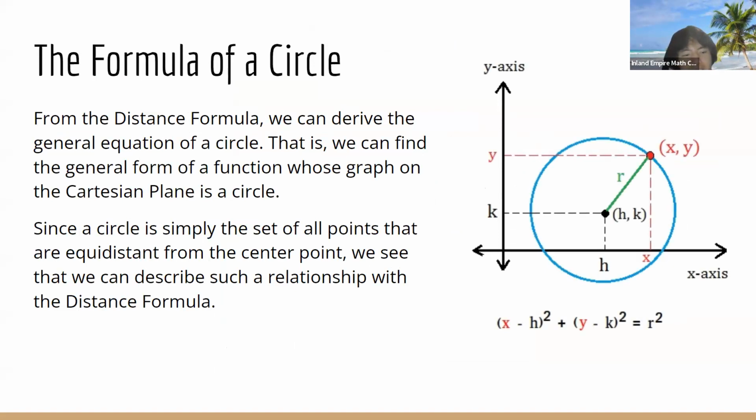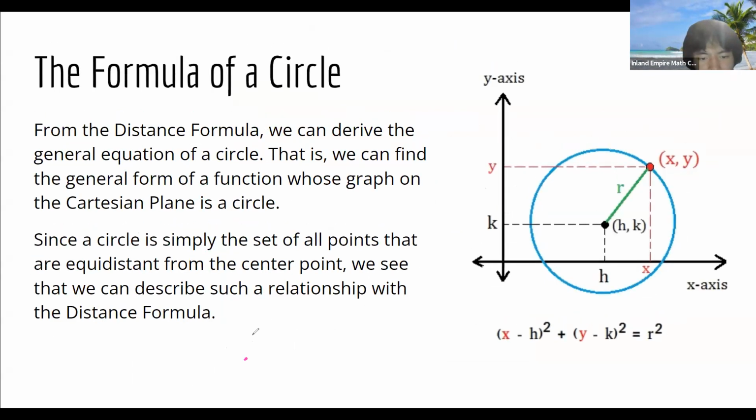And we can actually do exactly that, because you know that a circle is simply the set of all points that are equidistant from a center point, right? So quick example, if you have a point here called a center, the circle will be the collection of all the points such that it is equidistant from the center point.